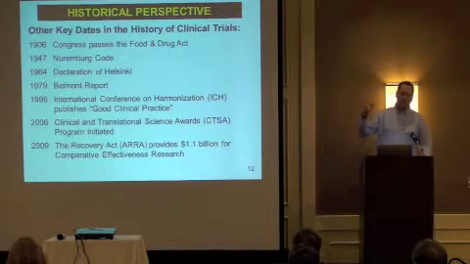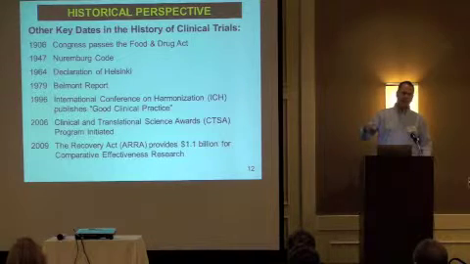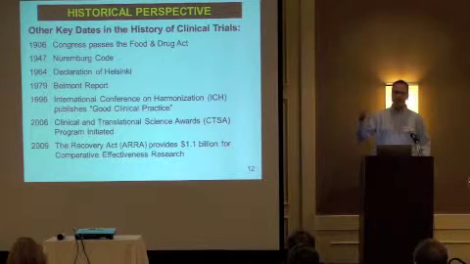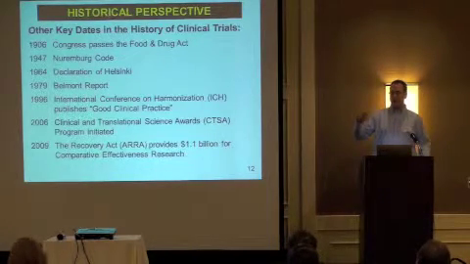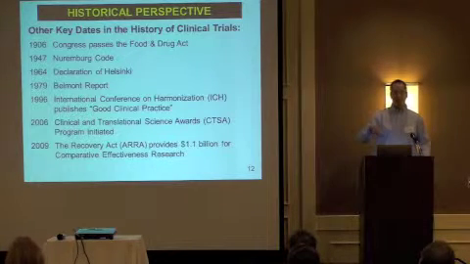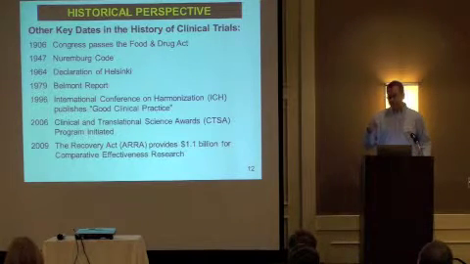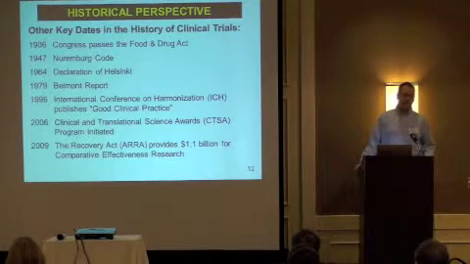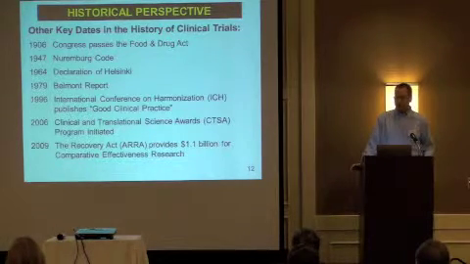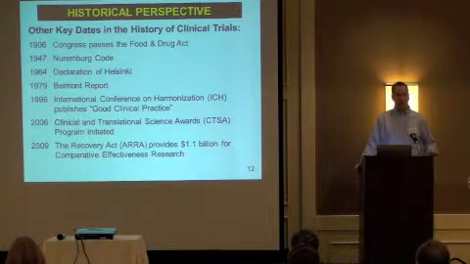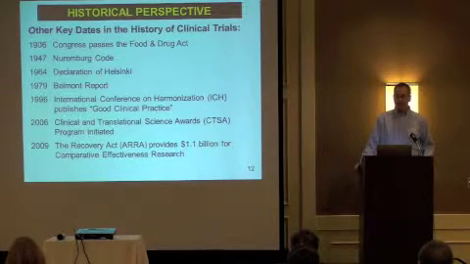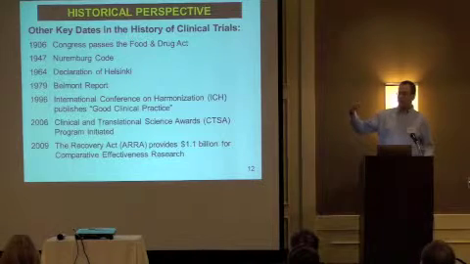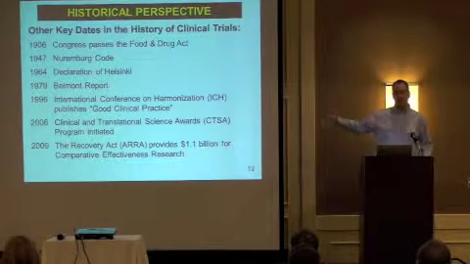When the FDA was first formed, they didn't quite have the teeth to regulate it. That came later, and then there have been other standards in terms of human subject protections that have evolved over time. 1947 was the Nuremberg Code, which came out of World War II and the experiments done in Nazi Germany on prisoners or people who had not given consent.